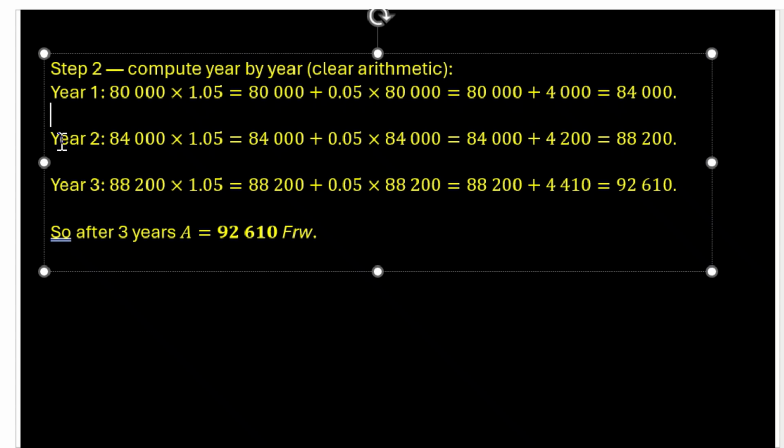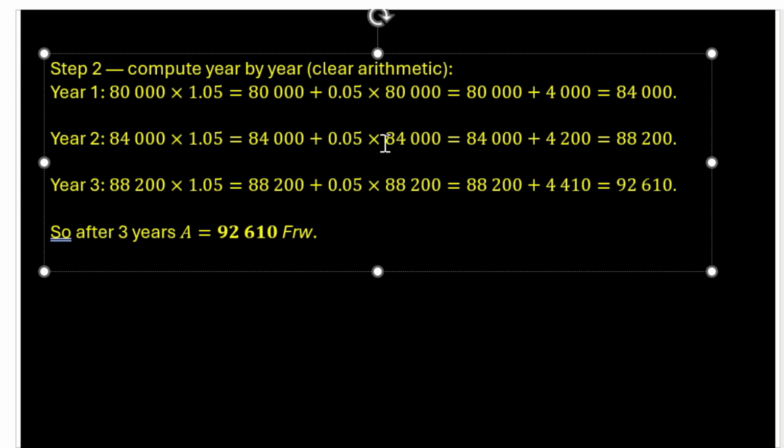84,000. And then on the second year you start with that compound interest of the first year, which means it's the principal for the second year, and then you multiply with the rate, 1 plus R, 1 plus rate, which is the 1.05 again.